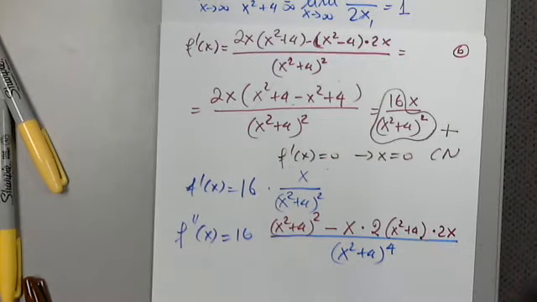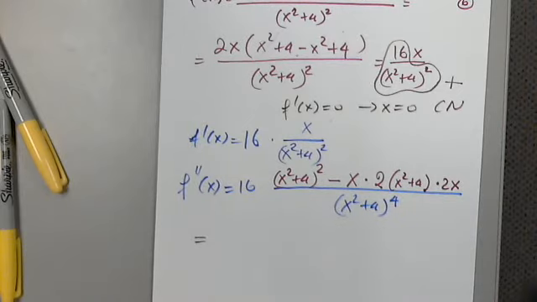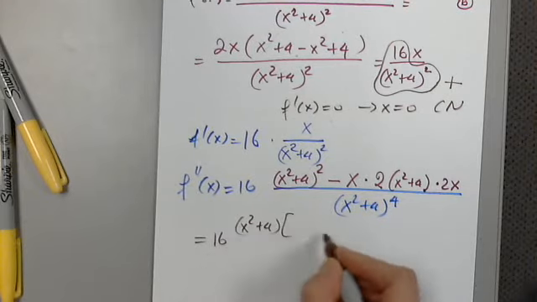I have no choice because there may be an inflection point. Maybe not. Maybe all this work is in vain, but I have to try. Please remember factoring. It's absolutely crucial to factor out (x squared plus 4) to the 1st power. So 16 (x squared plus 4).